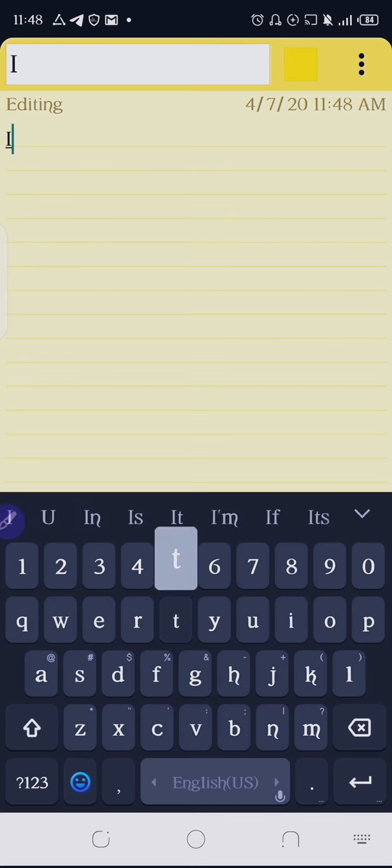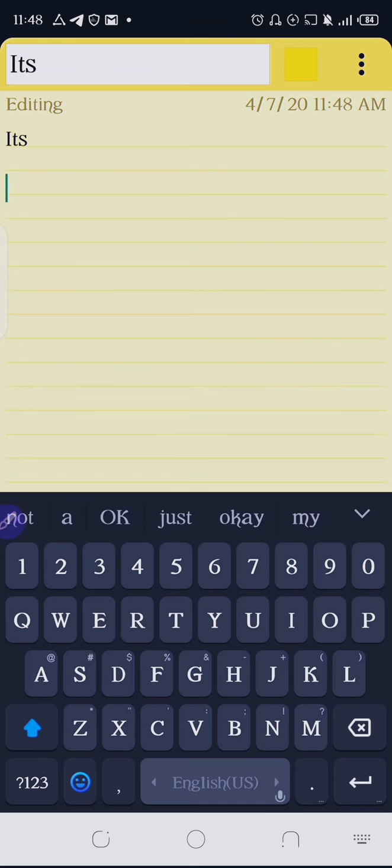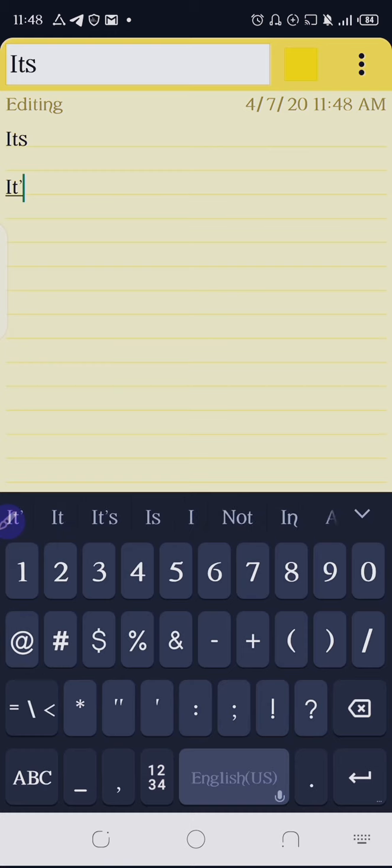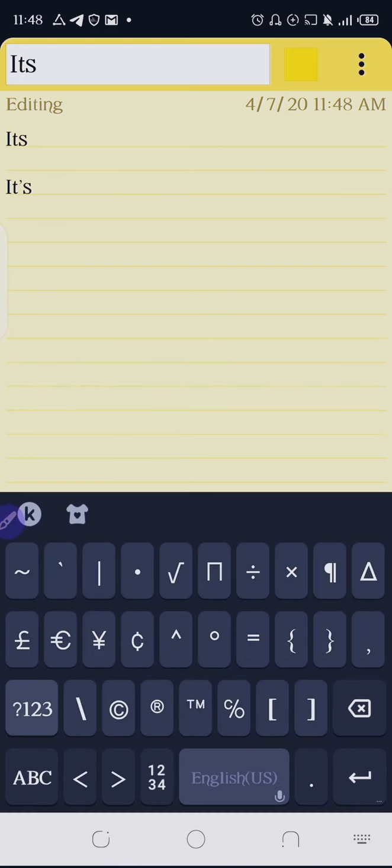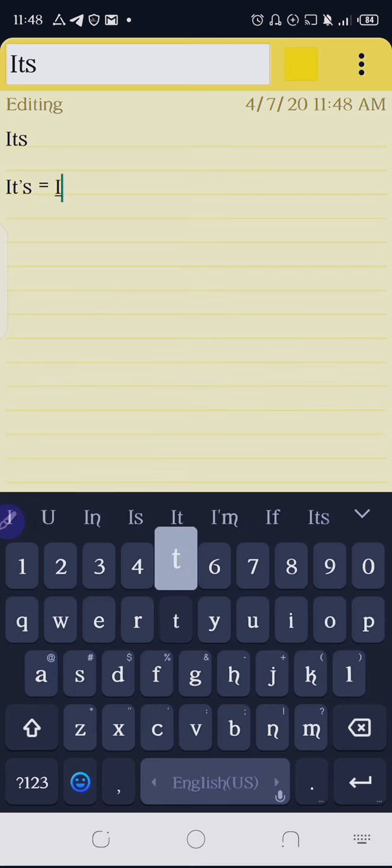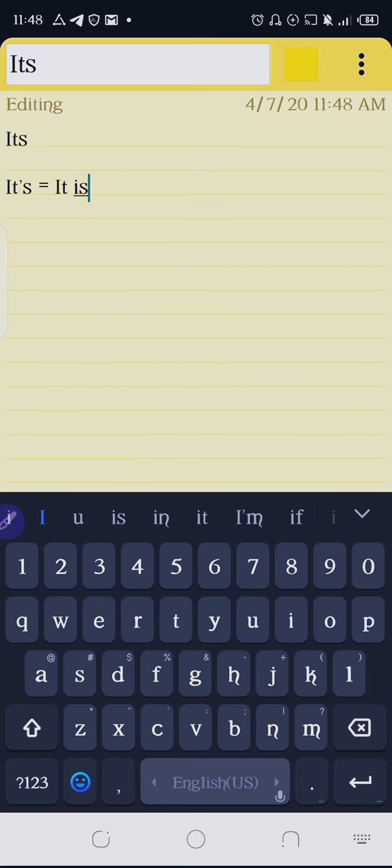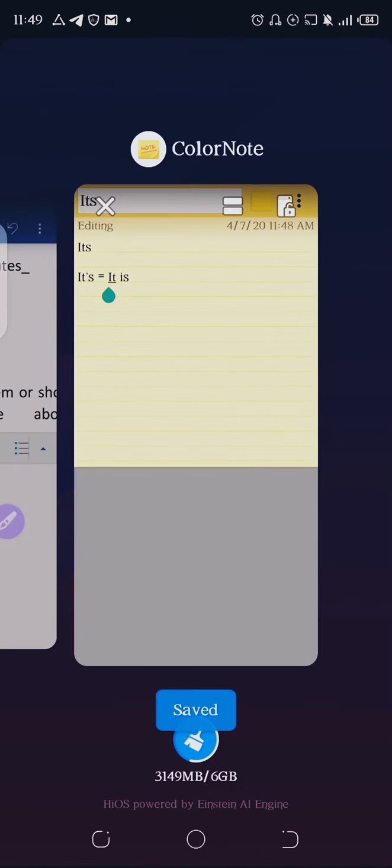So "it's" with an apostrophe is a contraction, which equals "it is". The apostrophe signifies that certain elements are missing, just like the space is missing and the letter i is missing, so that we have the contraction of "it is" as "it's". So that's what we have here.